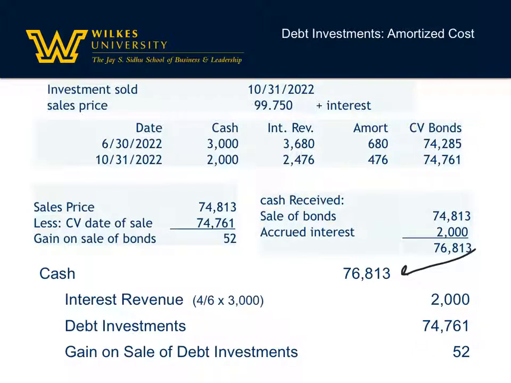Our interest, you can also calculate that you know you're going to receive the interest that's coming from the seller. It's $4,676 minus the $3,000 they would owe, or you can go ahead and do it according to the amortization schedule. And that's $2,000. We're taking it off the books at $74,761, and we're recording the gain of $52. And that's how you record the selling of a debt investment that was done with the amortized cost method.